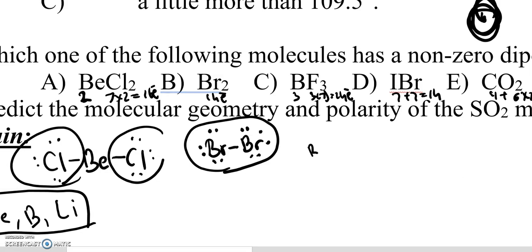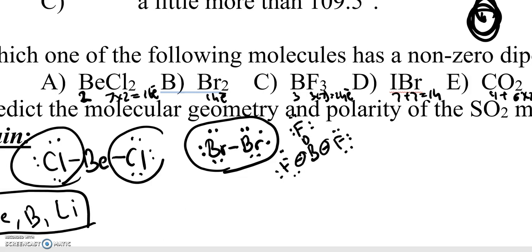So boron trifluoride: boron, fluorine, fluorine, and fluorine. We have 3 for boron, so we count 24. 1, 2, 3, 18 left. 6 in here, 6 in here, 6 in here, makes 18. And then we run out of electrons, so it's going to be boron with 3 bonds around it.